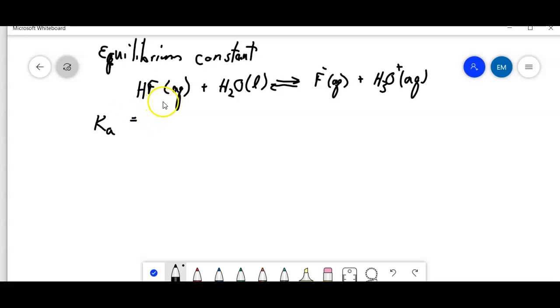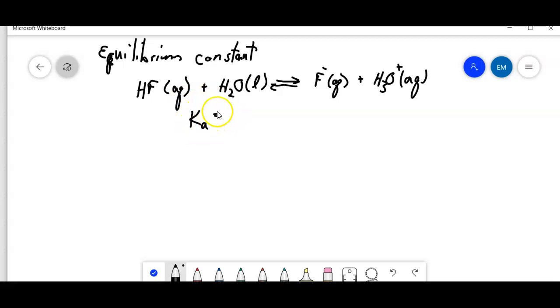It is equal to, this is for HF in water. The concentration of fluoride times the concentration. Remember these brackets, they mean concentrations. And I'm going to move this over a little bit. Okay, the case of A.